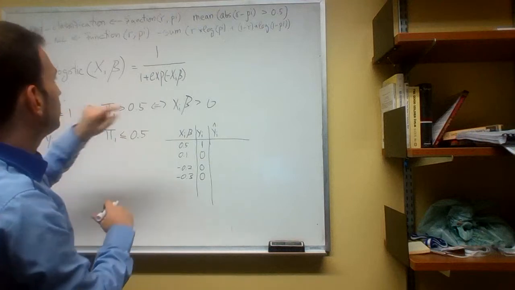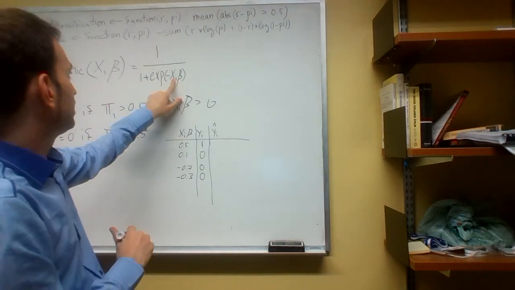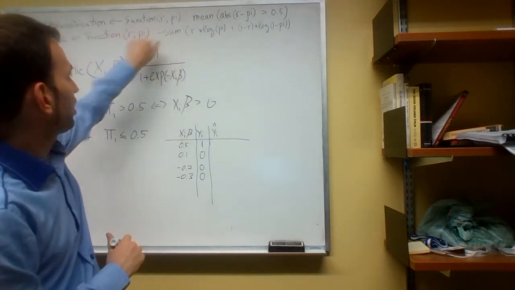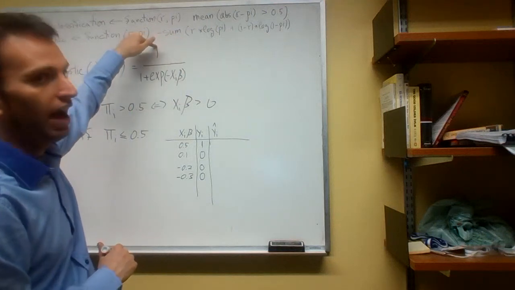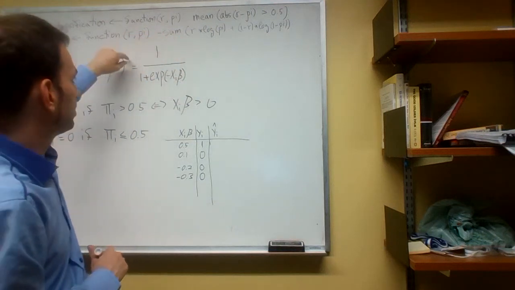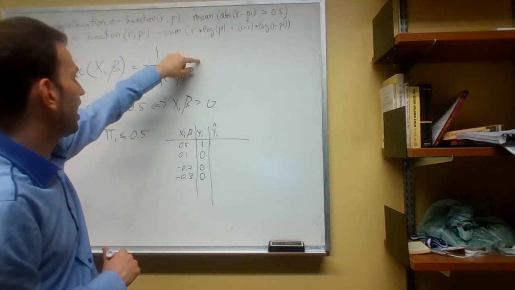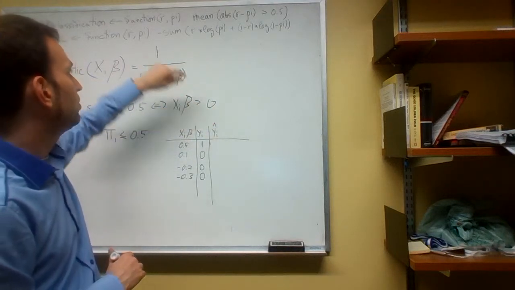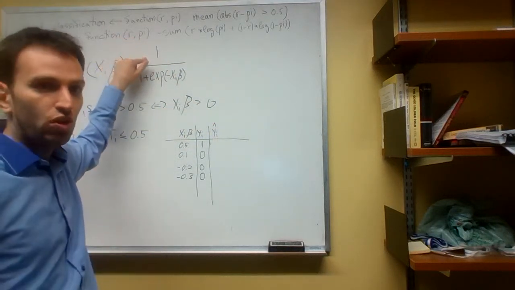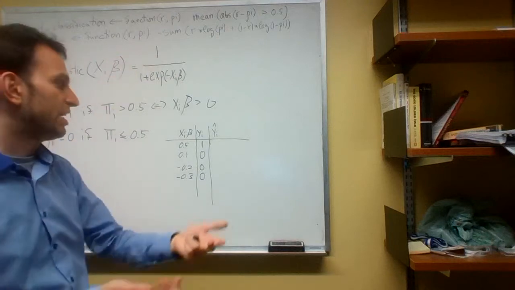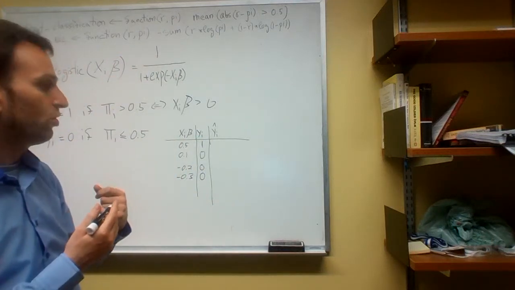That's because when xi beta is equal to 0, this expression is equal to a half. This expression is going to be greater than a half when xi beta is greater than 0, and this expression is going to be smaller than 1/2 when xi beta is smaller than 0.